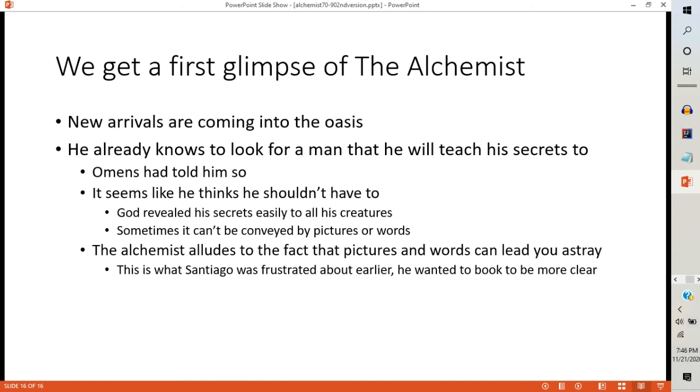Hopefully for next time, guys, we will read page 90 through 110. Hopefully get a little better picture of who this alchemist is. This universal language, the Masterwork, Philosopher's Stone, lots of things being thrown at us right now.